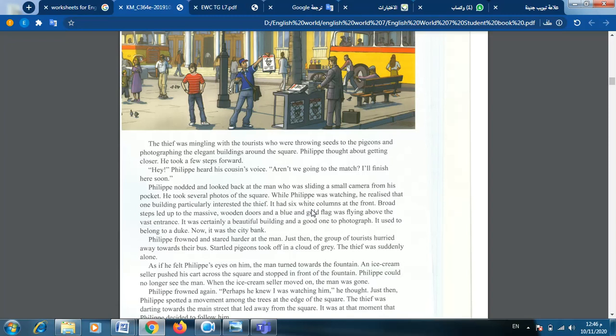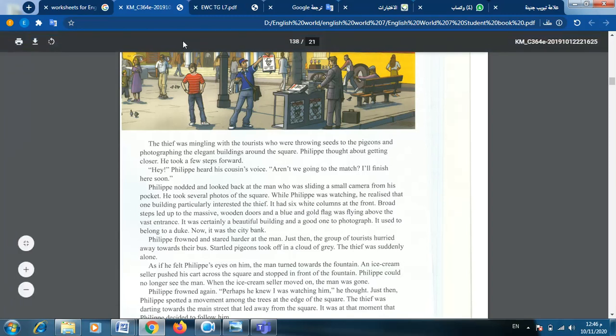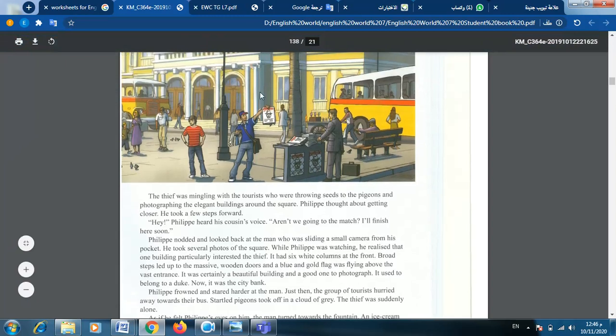It had six white columns at the front. There are 1, 2, 3, 4, 5, 6 columns in the front of this building. Broad steps led up to the massive wooden doors, and a blue and gold flag was flying above the vast entrance.